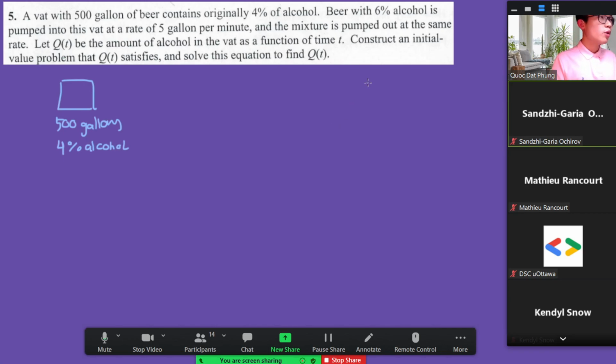So beer with 6% is pumped into this vat at a rate of 5 gallons per minute, and the mixture is pumped out at the same rate. So here, beer is entering, and it's 6%.